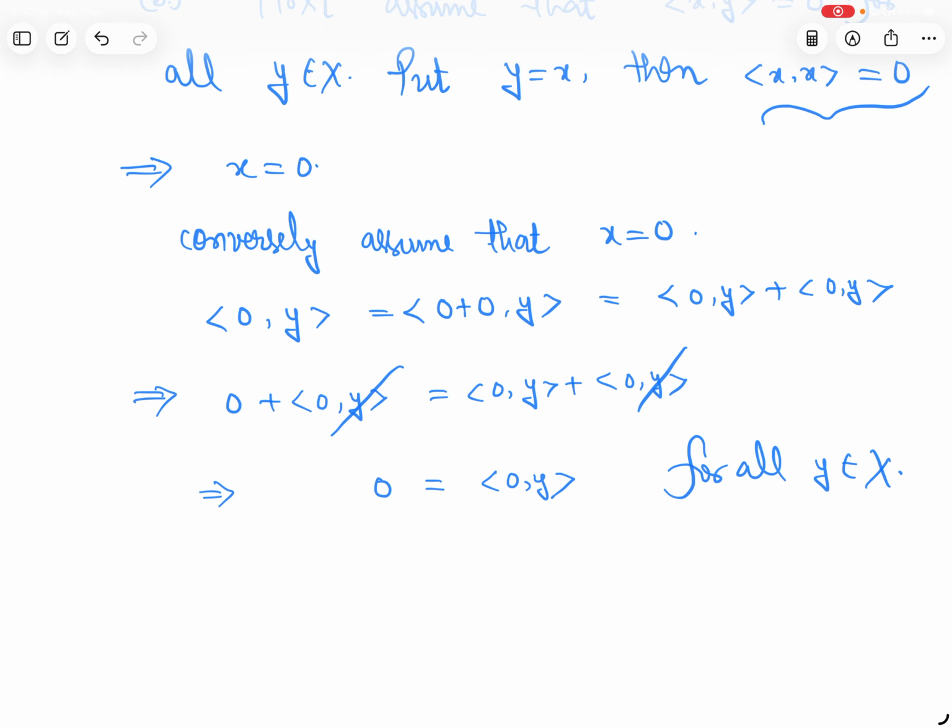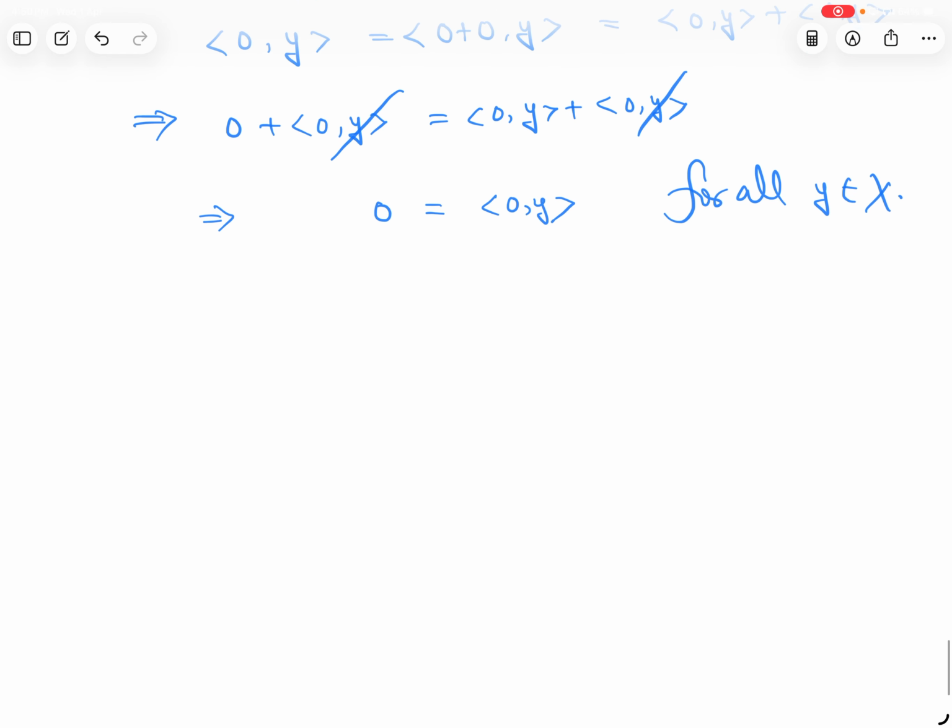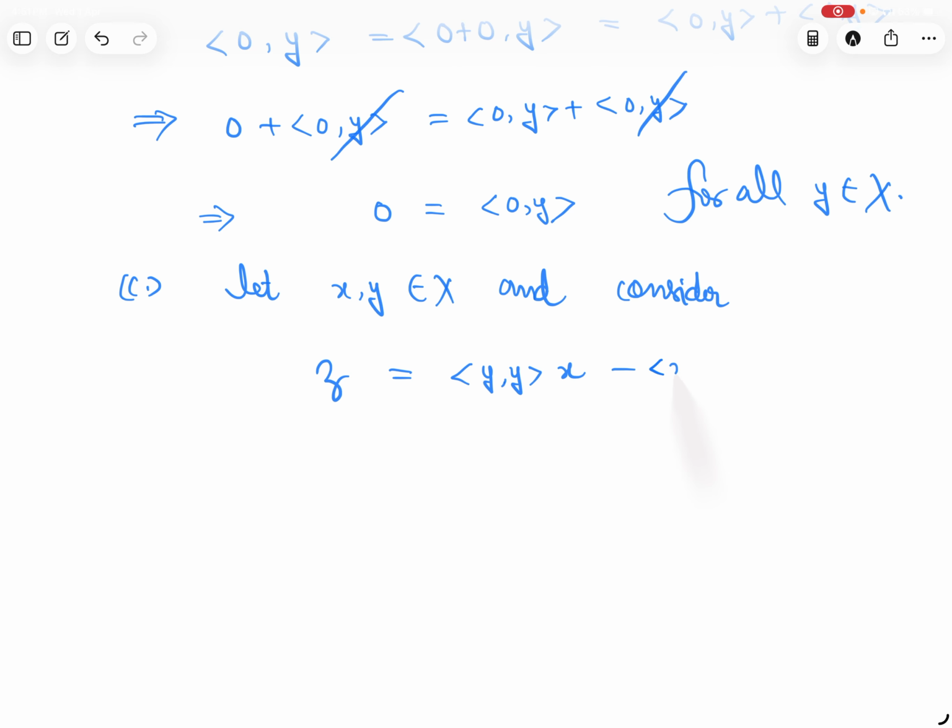Now I need to prove the Cauchy Schwarz inequality. So part C, let x, y belong to X. And consider z equal to y times the inner product of x with x, minus the inner product of x with y times x. Then I know that the norm of z squared will be non-negative.